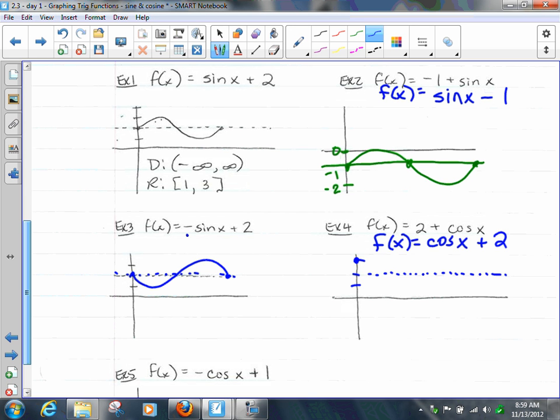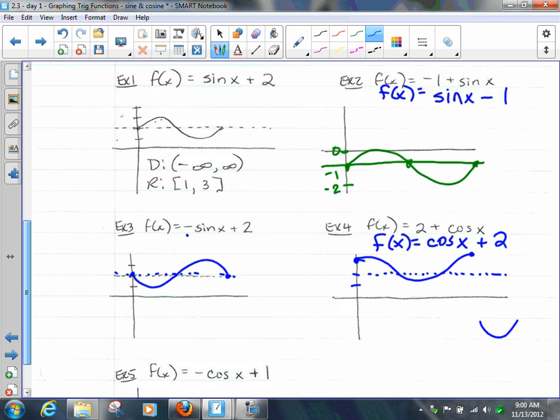So it starts 1 unit above the oscillation line. And folks, it does not look like a smile, nor will it look like a frown. Please draw the curve correctly. But it's just going to start 1 above and go 1 below. So it'll have a maximum value and a minimum value. Are you clear on that?